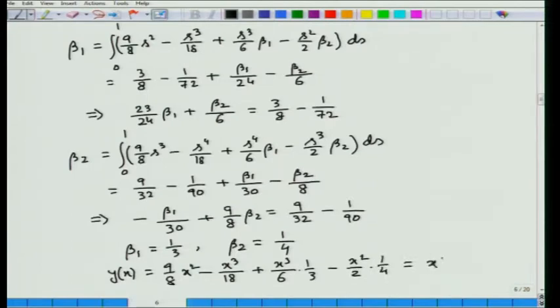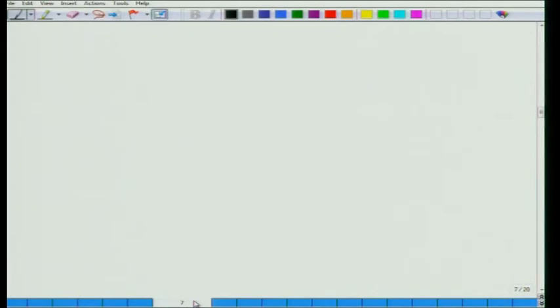So, this is equal to x square. Actually, this term cancels with this one and this 2 will be simplified to x square. So, y(x) equal to x square is the solution of this integral differential equation.